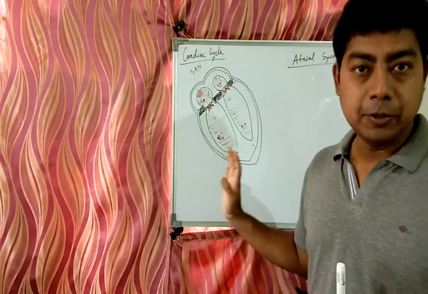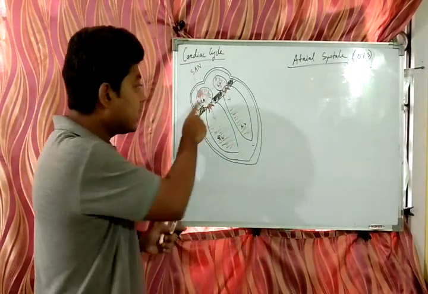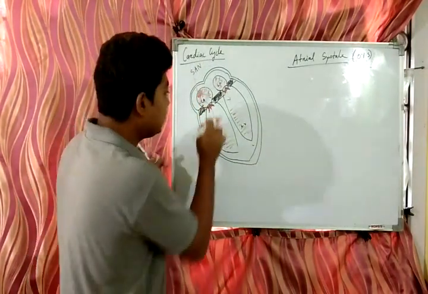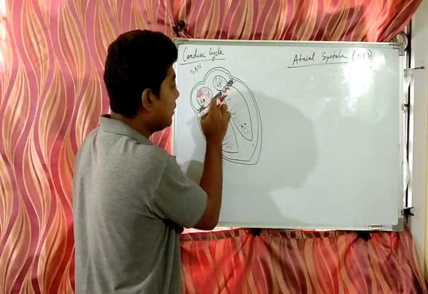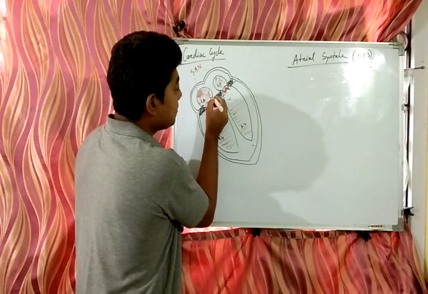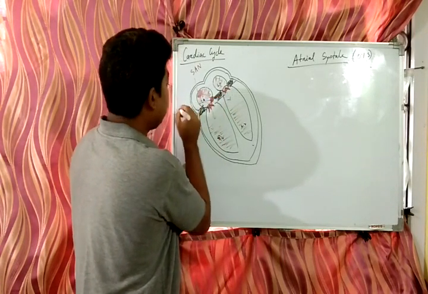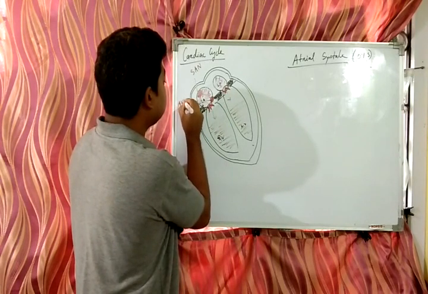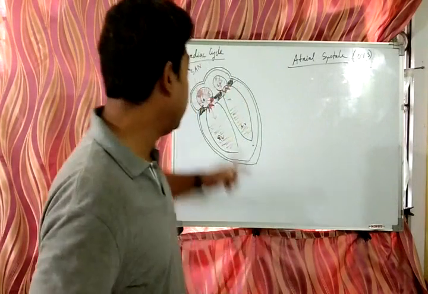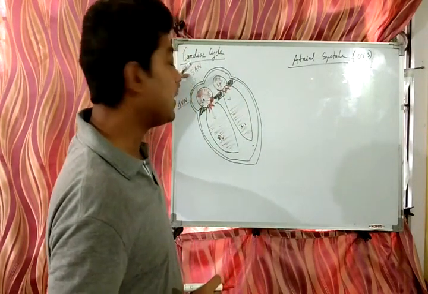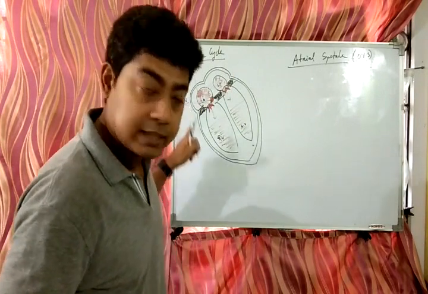So to move this action potential, a small window-like opening is present, called the AVN, or atrioventricular node. That node is called the pacemaker, or pace setter.